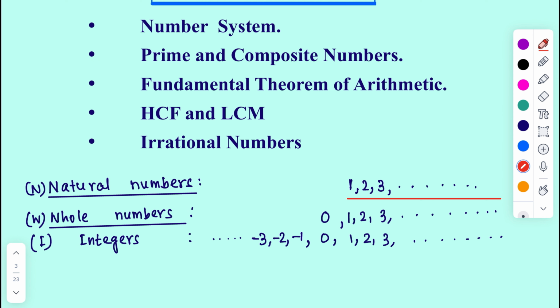Initially, natural numbers were from 1 to infinity, and in the case of whole numbers, 1, 2, 3 up to infinity, and in addition to it, 0 is there. Similarly, in the case of integers, all whole numbers are there, and in addition to it, all negative numbers, that is minus infinity to -1.